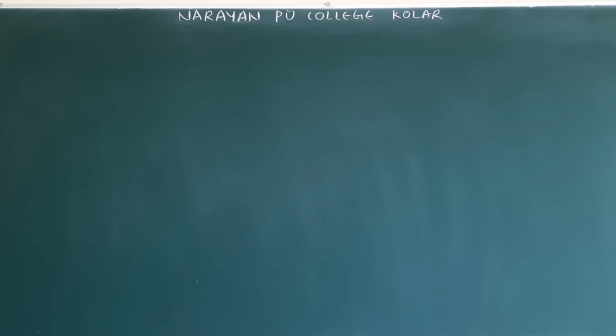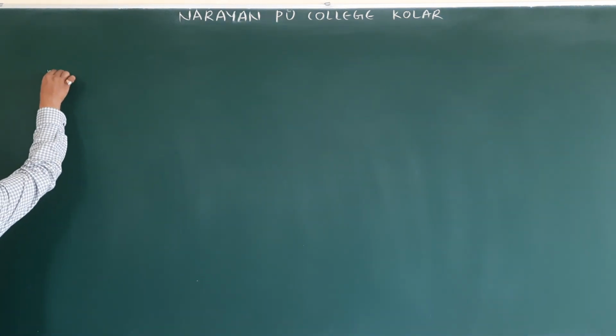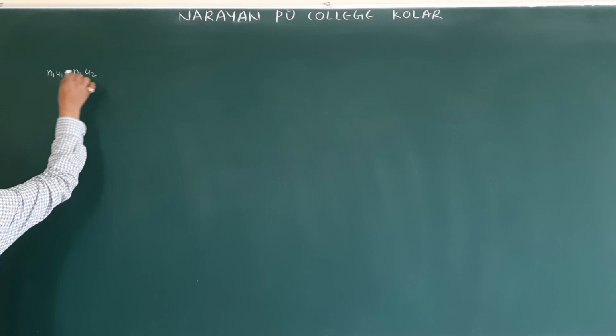Next is page number 5, conversion of units. Yesterday we discussed this, and I gave 2 homeworks also. One joule is equal to how many ergs? I gave that one as homework. So the general formula they gave there, I am going to recall: N1 U1 is equal to N2 U2.